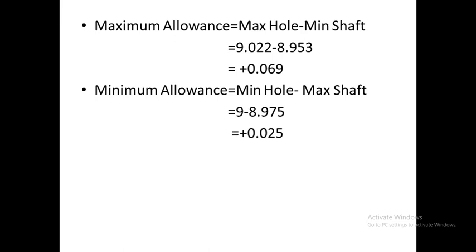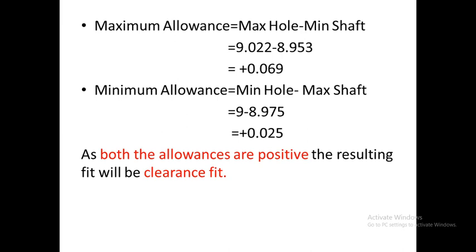As you can observe, the value of maximum allowance as well as the value of minimum allowance are both positive. So in such cases where the maximum allowance and the minimum allowance obtained are positive, the resulting fit will be a clearance fit.